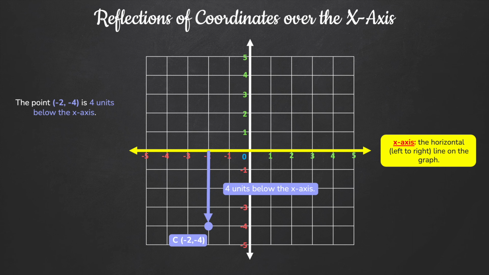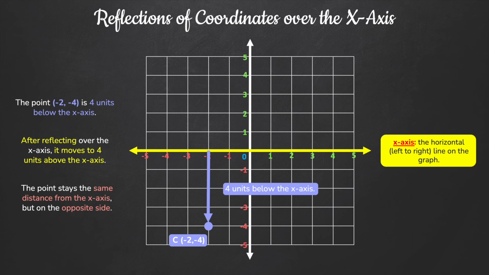This point is 4 units below the x-axis, and we could tell that also by looking at our y value, which is negative 4. So if we reflect this over the x-axis, our new point is going to move 4 units above the x-axis. The point stays the same distance from the x-axis, but it's on the opposite side.